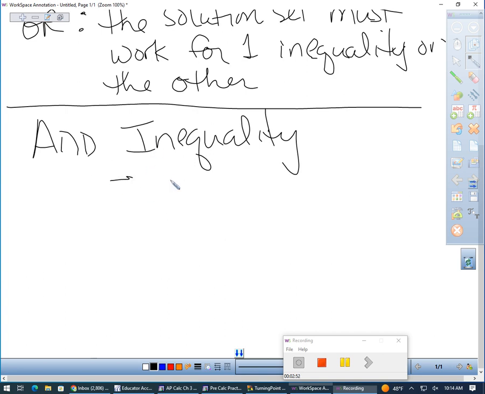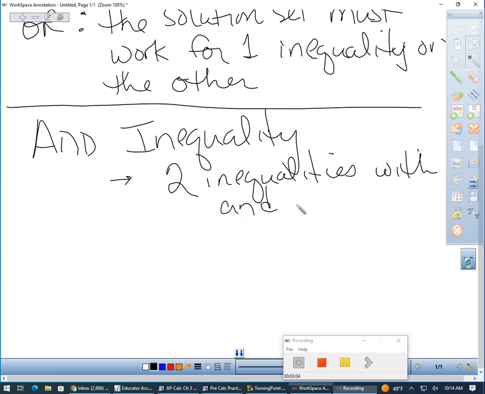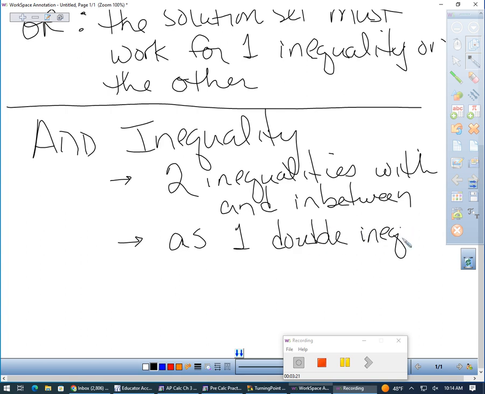It can be written as two inequalities with the word and in between, or it can be written as one double inequality. I'm going to show you examples of both of those in a second.